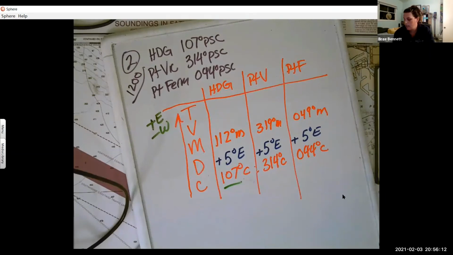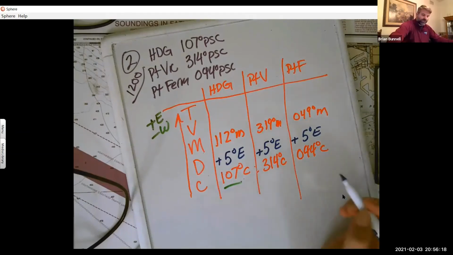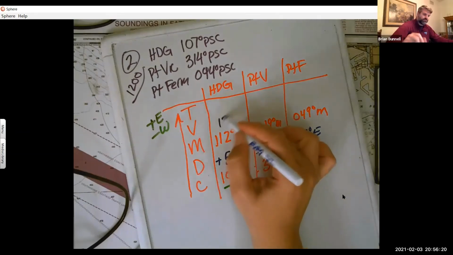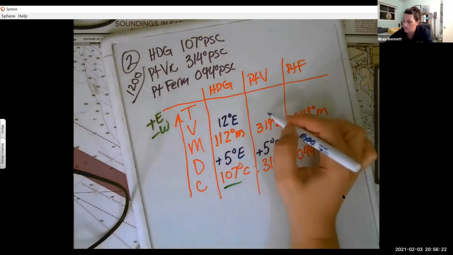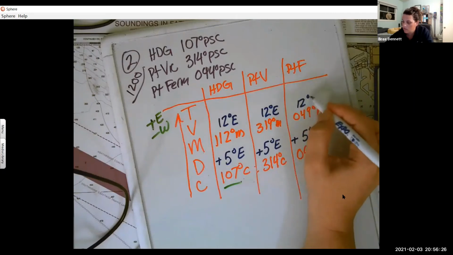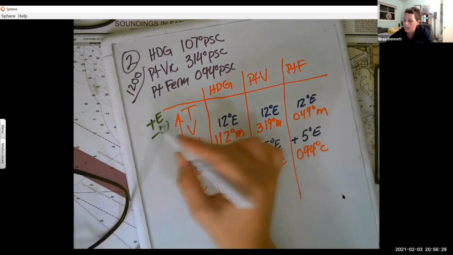And what's our variation that we're going to use? 12 degrees east. 12 east. And east, we're going to add.